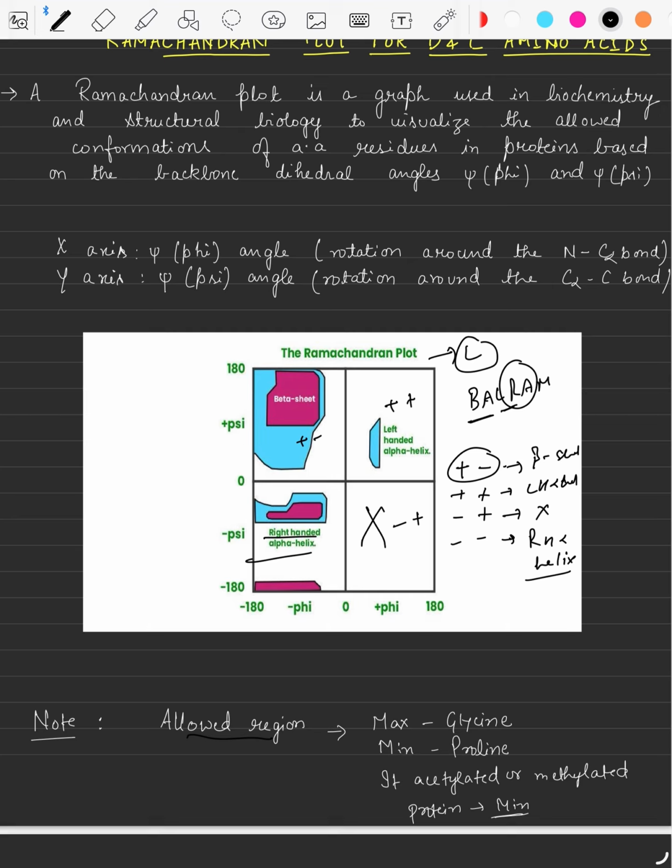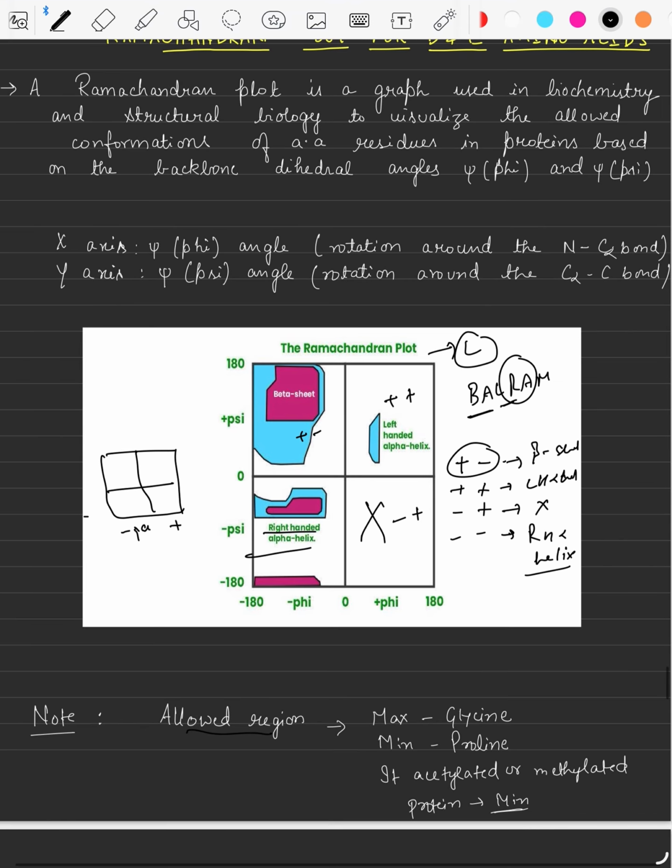For the D, you have to just reverse the thing. You have to make some changes. Let me tell you what changes you have to make. Let me draw another one for you all. Suppose this is the minus psi, and this is the plus psi. Then comes this one, minus plus. So just make it like this.